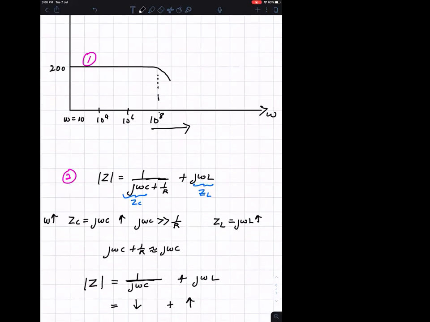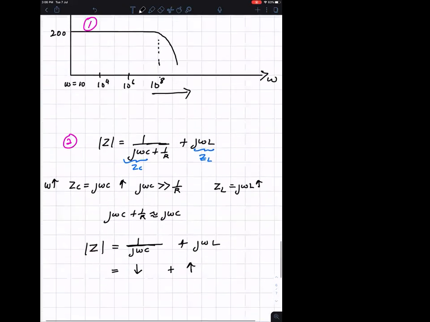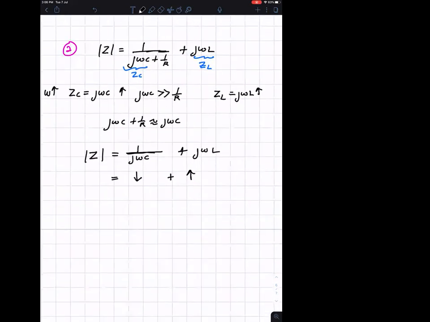Then we'll come to a point that 1 over j omega C will be equal to 1 over j omega L. They become equal. That means ZC is ZL.